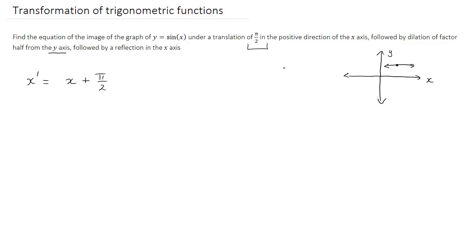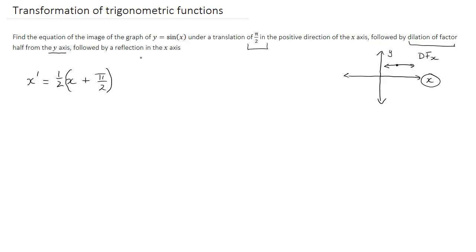This is actually an x dilation factor because it's moving parallel to the x-axis. Now, because we can see that the sequence of orders is first a translation and then we're following it by a dilation of factor of half from the y-axis, we have to take this entire equation and times it by a half.